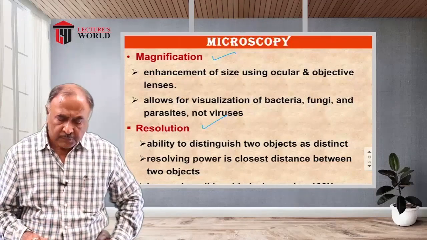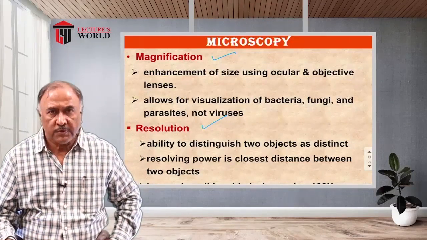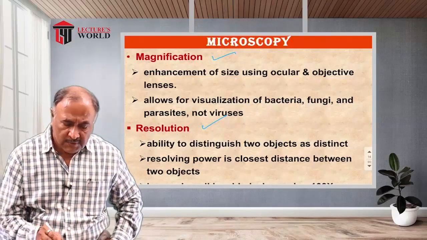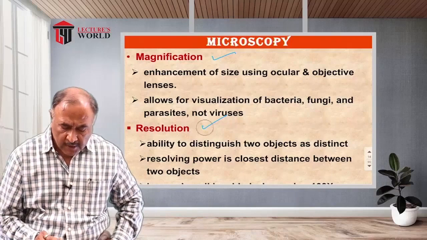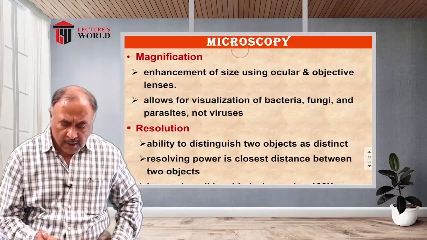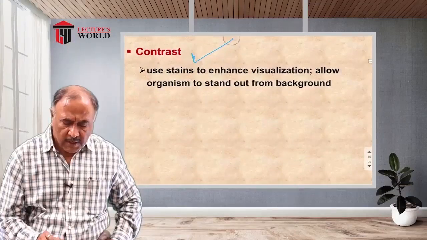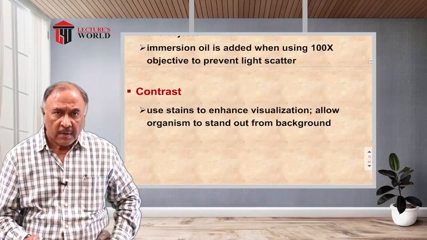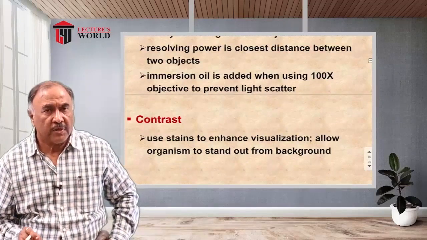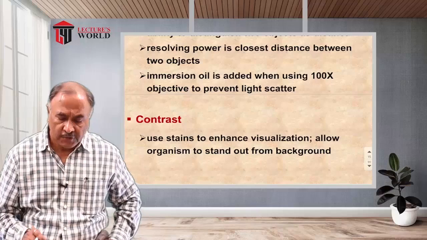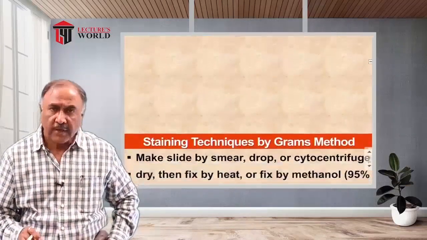The criteria used in a microscope are magnification, then resolution, and third, contrast. By using contrast, appropriate resolution and magnification, we can gain great knowledge about the type of organisms involved.